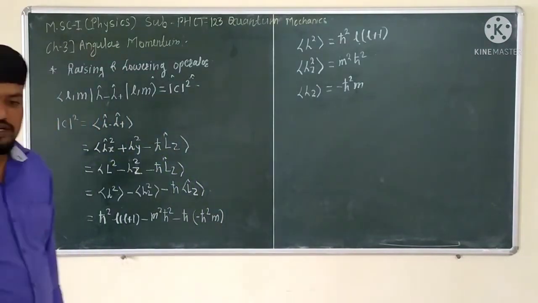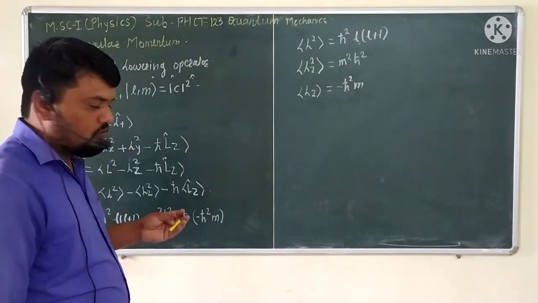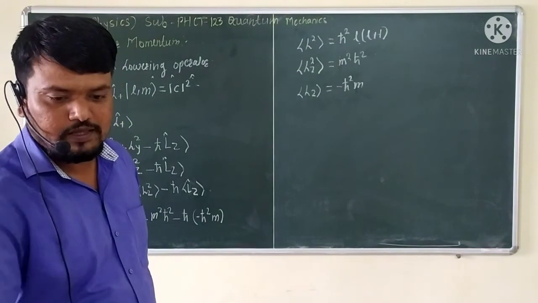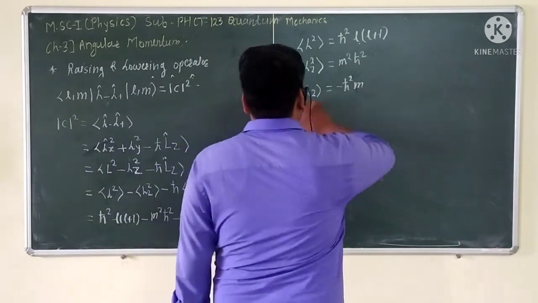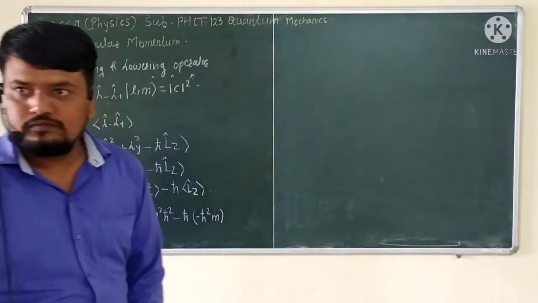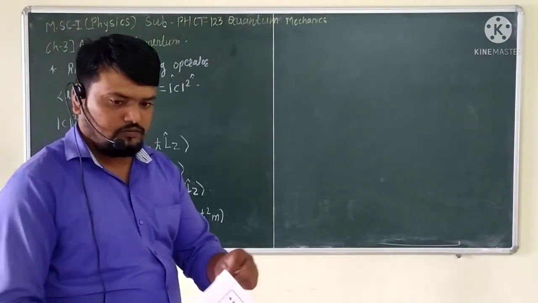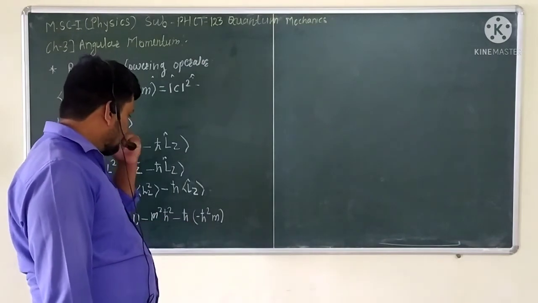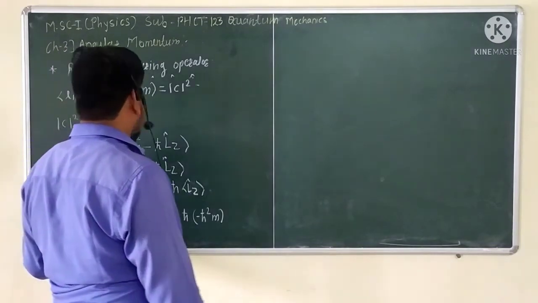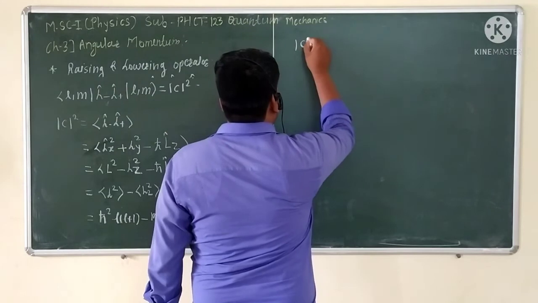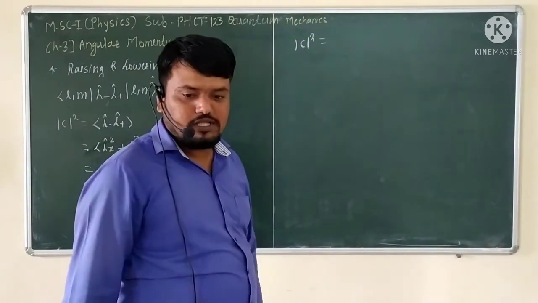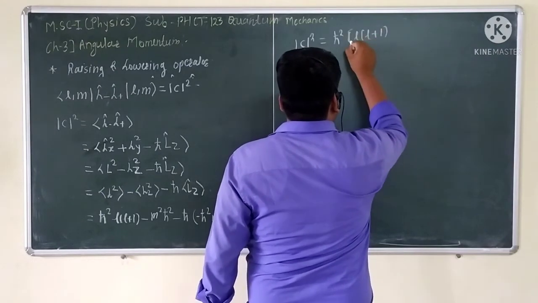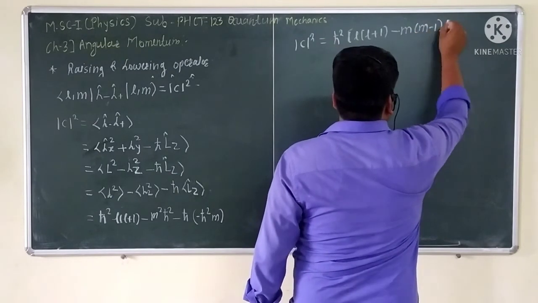Okay, so if we calculate this value, that final calculation gives the result: minus m square h cross square, and h into minus h cross square m, and if we do the calculation of this, the final result will become: mod of C square is equal to h cross square taken outside, into L into L plus 1 minus m into m minus 1.